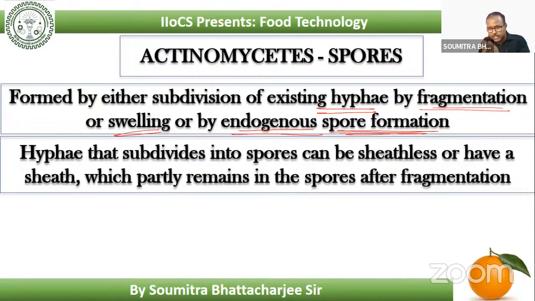Now they can be sheathless. What is sheathless? Without a covering, a sheath. Wherever we get this word sheath, in bacteria also they have one sheath as part of their complete bacterial structure, which we represent as the glycosheath. Glyco stands for carbohydrate and sheath means a sac-like covering.